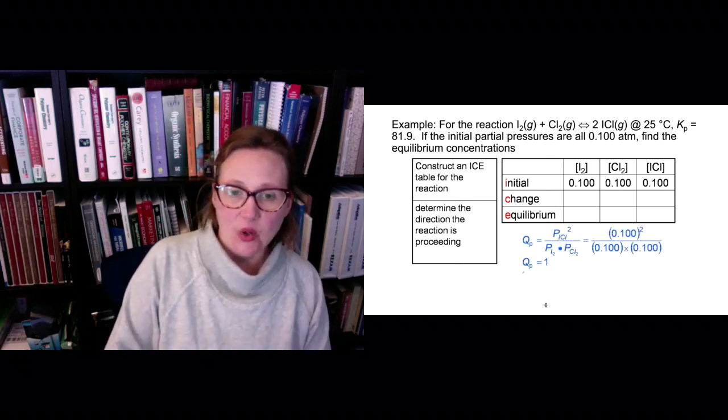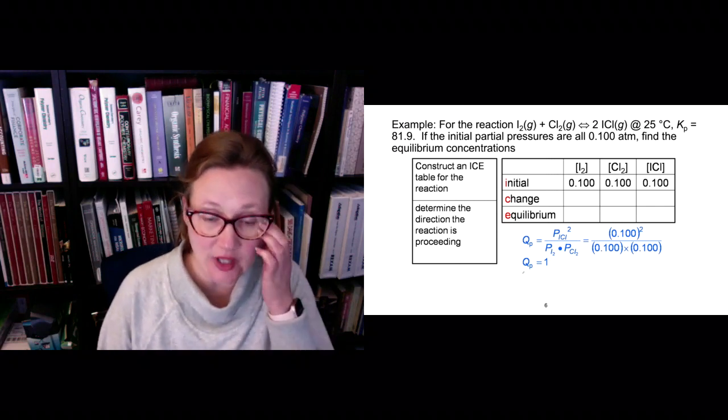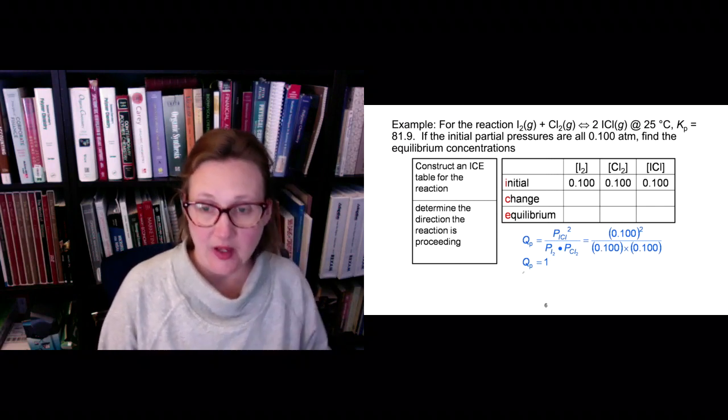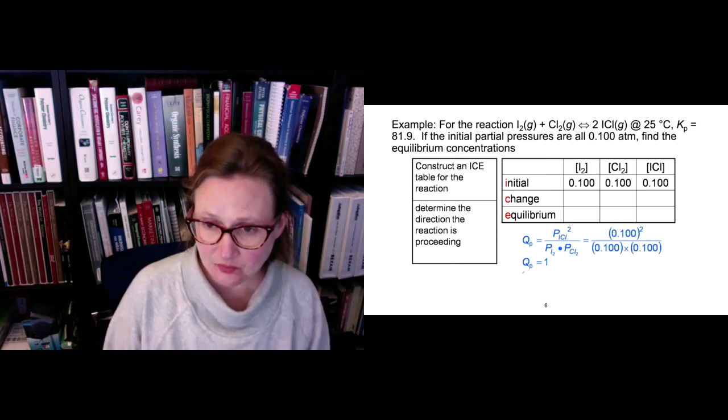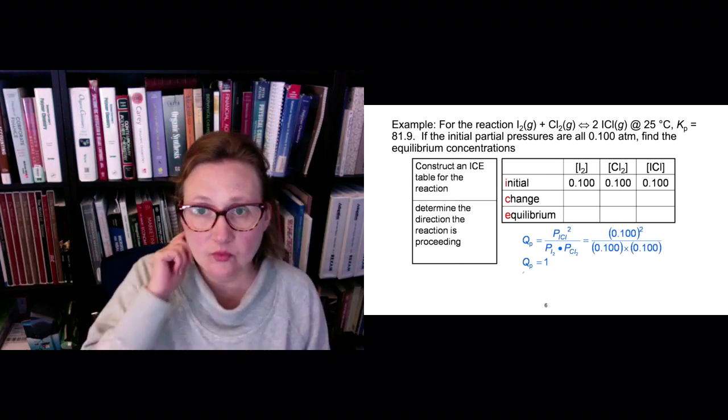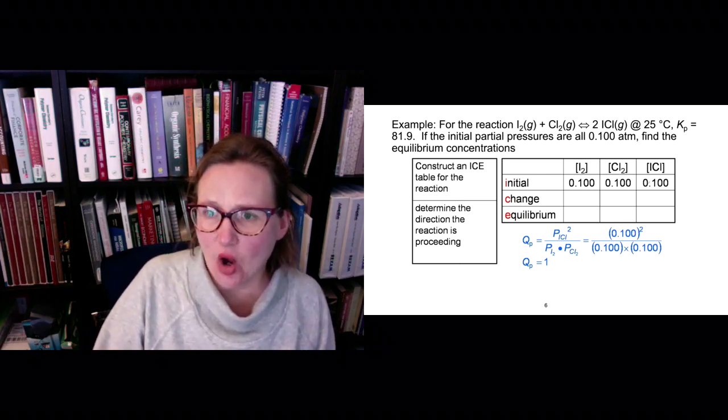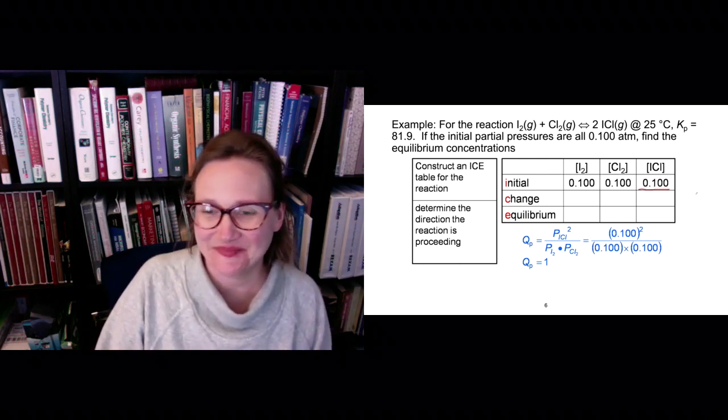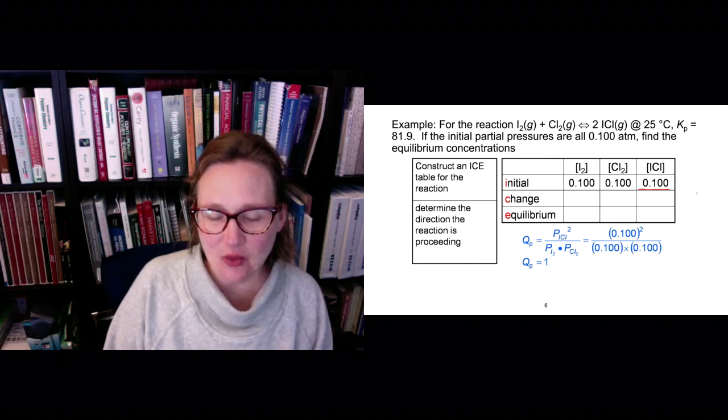All right, and so we can look at what Q is. We have all 0.1 atm, so Q is 1.